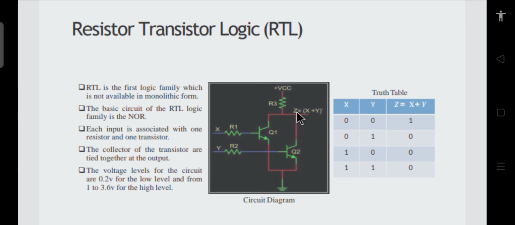So this is an open circuit, and whatever voltage is there on VCC gets available on the output terminal. So if both inputs are 0 0, the output Z is equal to 1, because VCC is available here.